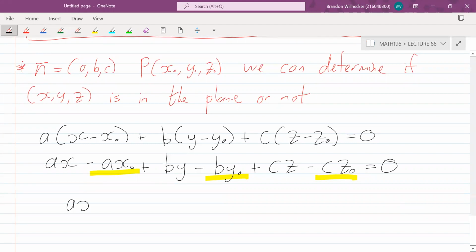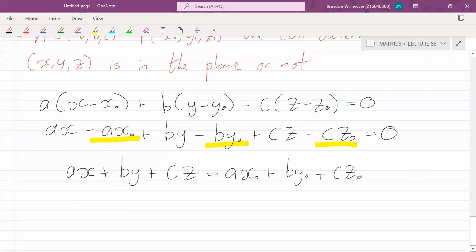So we're going to get ax plus by plus cz is equal to ax naught plus by naught plus cz naught. And like I said, all of the stuff on the right-hand side is a constant, because we've got a constant plus a constant plus a constant, that just gives us another constant.